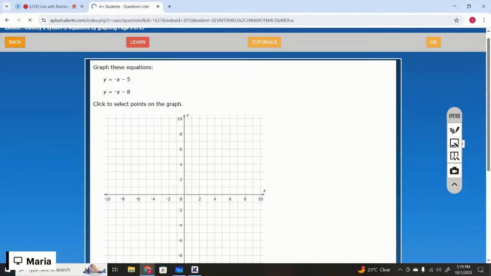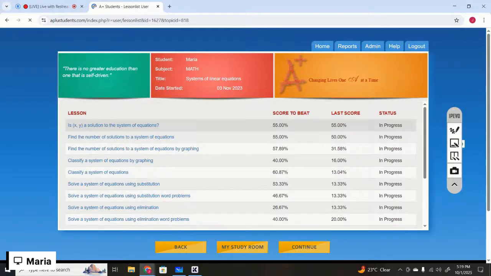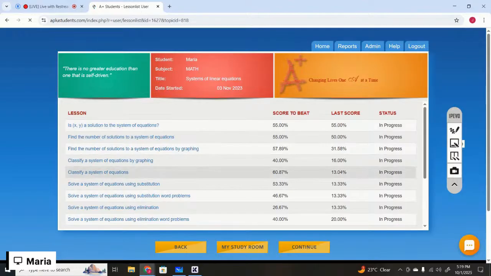The next lesson is classify a system of equation. Let's just start with the lesson.